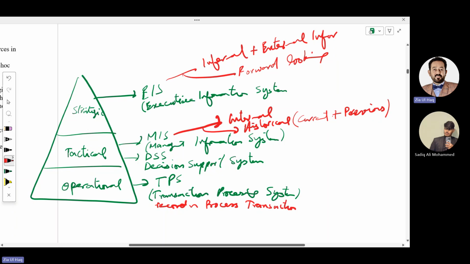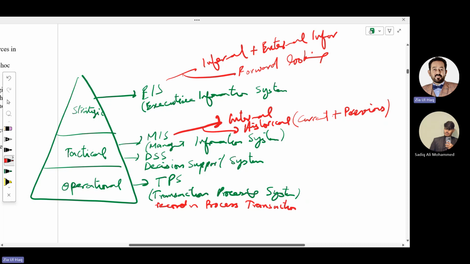So can we differentiate between TPS, which is used at operation level to record and process routine transactions, and MIS? TPS is linked with MIS, which is used by top management as well as middle management for making their strategies and plans. MIS is internal focused.